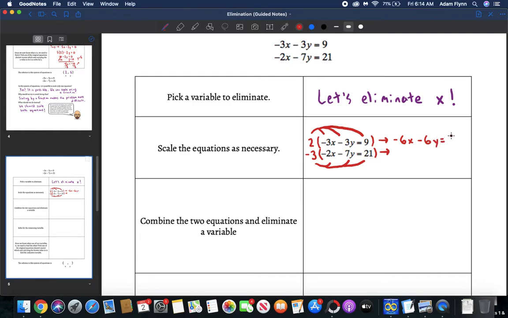And 2 times 9 is going to be 18. For the bottom equation, -3 times -2x is going to be a positive 6x. -3 times -7y is going to be a positive 21y. And -3 times 21 is going to be -63.